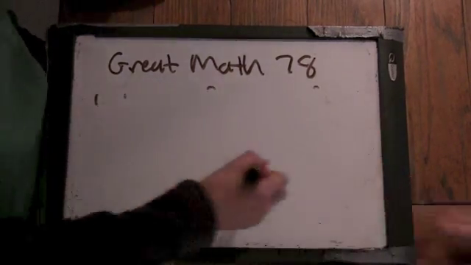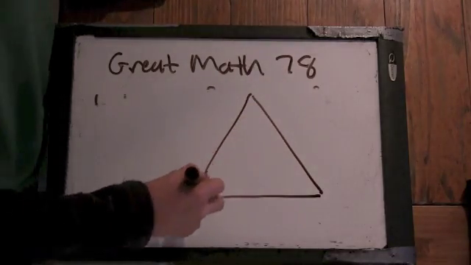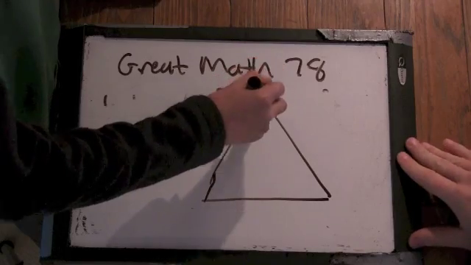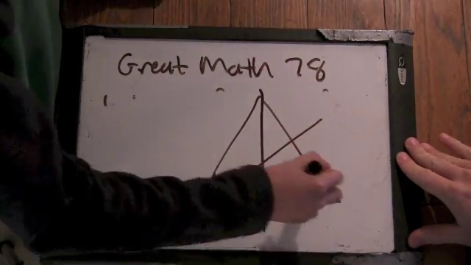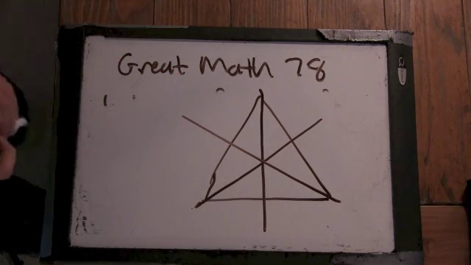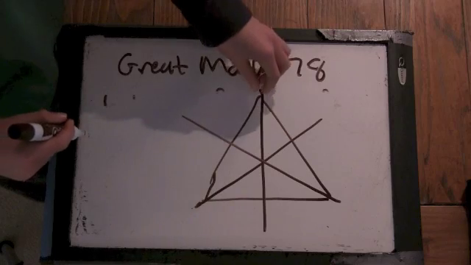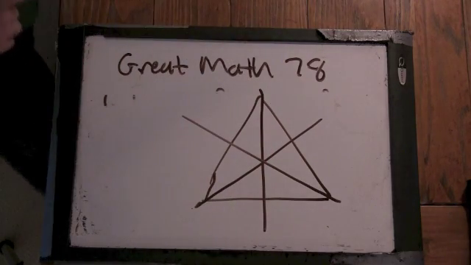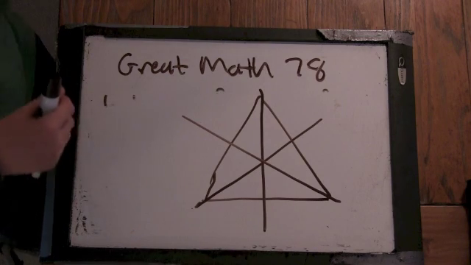First was an equilateral triangle. So the lines of symmetry you have are the one coming down like this, one like that, and this. These are the perpendicular bisectors of the corners, the vertices. What does it mean to be a line of symmetry, by the way?